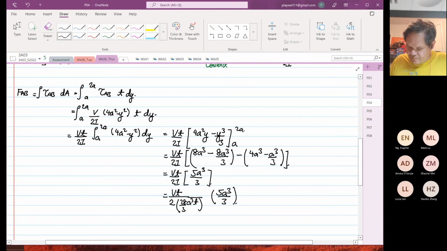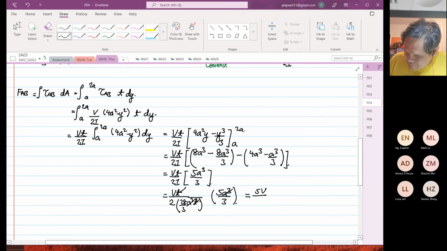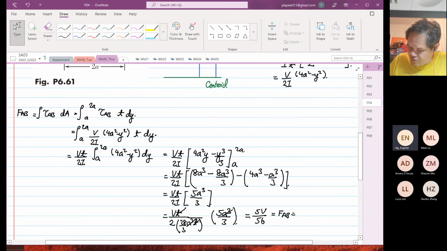You can cancel the t's and the A's. So this will be 5 over 3 divided by 2 divided by 28 over 3. You get 5V over 56. So this is equal to your FAB, and FAB is also equal to your FFG.